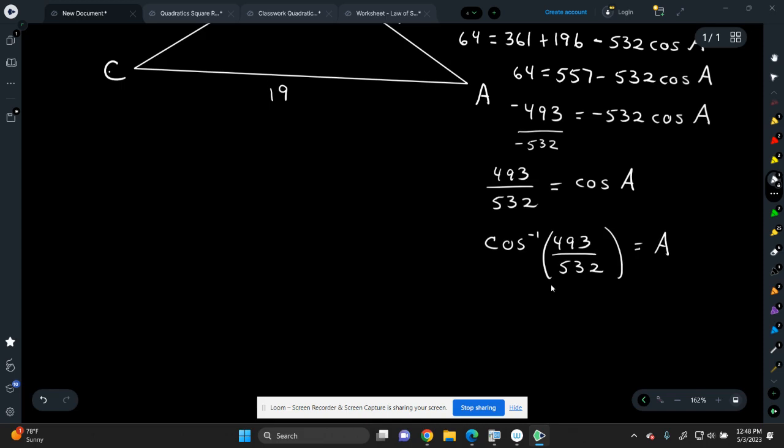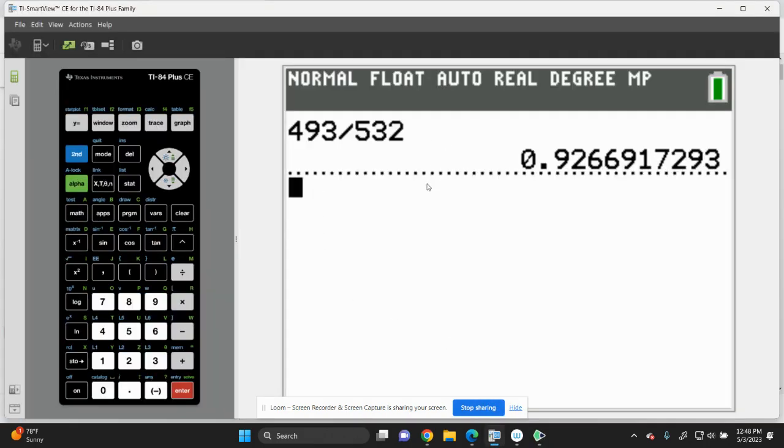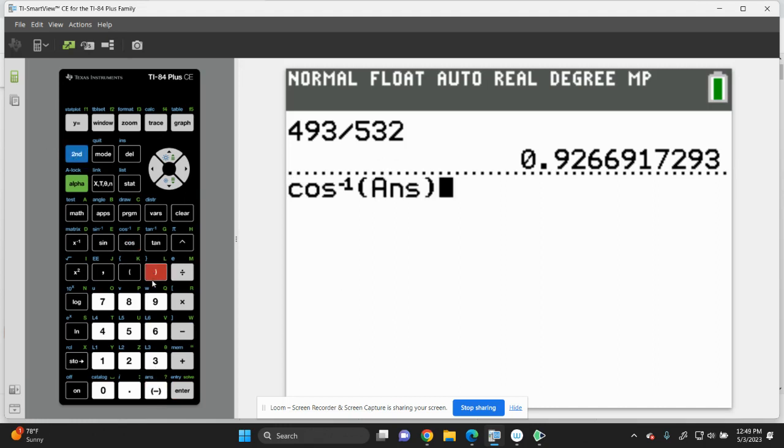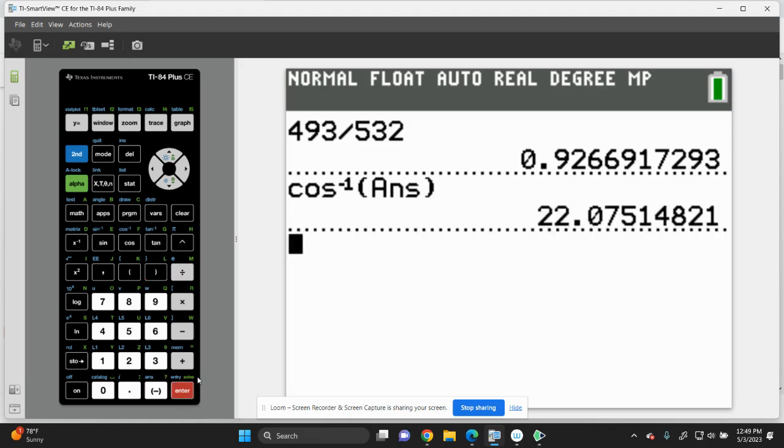You can do that all in one step, or you can do it like this. I'm just going to take the inverse cosine of that number. So I'm going to use second and then answer. I showed you that the other day, right? And we press enter and we get 22.08 degrees.